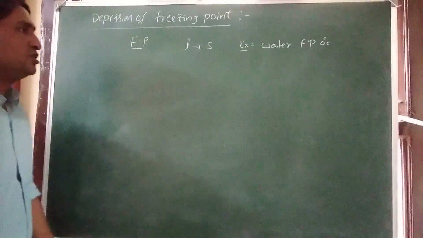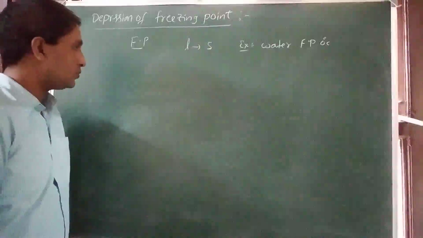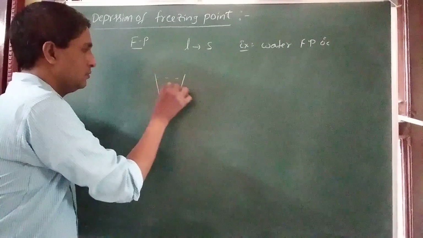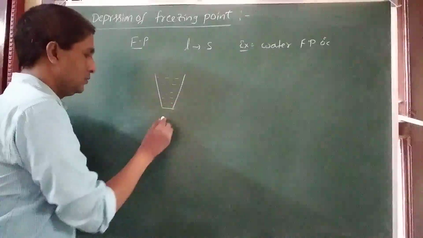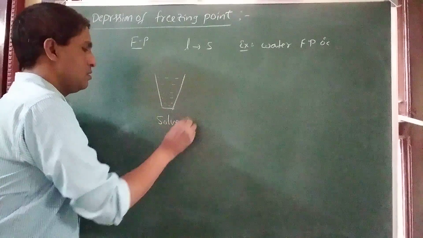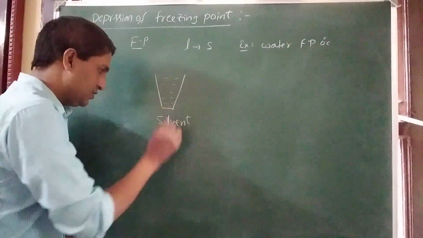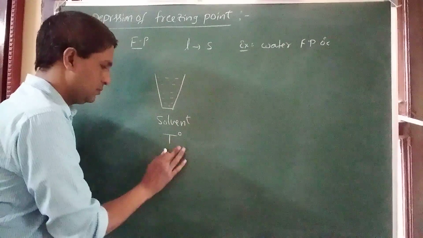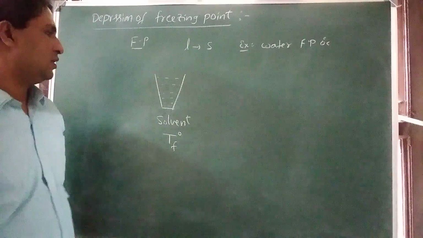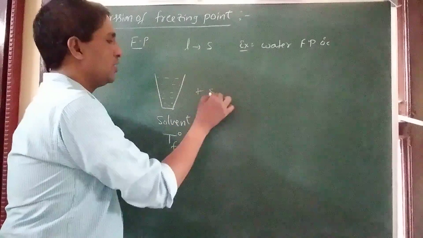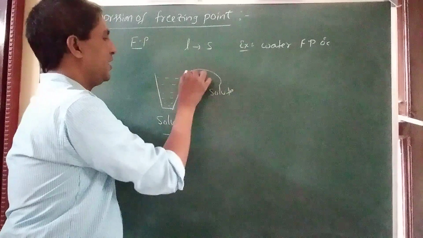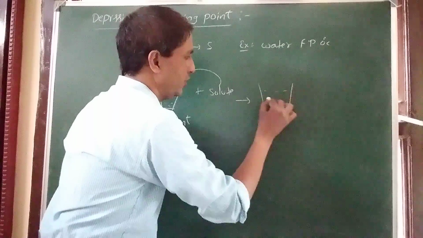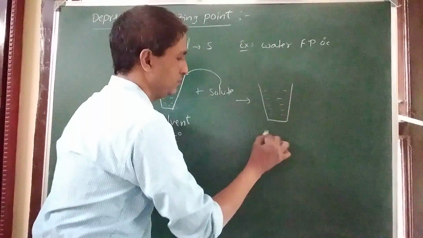Now, what is the depression of freezing point? Suppose this one is solvent. Its freezing point is TF naught. To this we add a small amount of solute. Solute is added, then it gives rise to a solution.